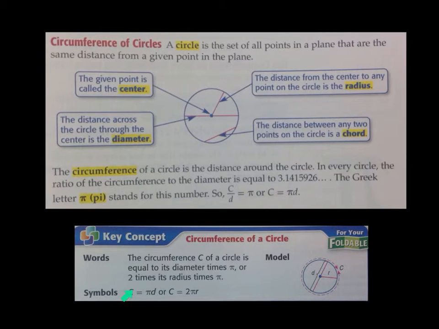So the circumference, capital C, is equal to pi times the diameter, or the circumference, distance around, is equal to the radius, which remember is halfway through the circle, timesing it by 2 and pi, because 2 times the radius is just the diameter. Okay, so if I only know the radius, here's the formula I would use, 2 times pi times radius, 2 pi r, or if I know the diameter, pi times diameter.